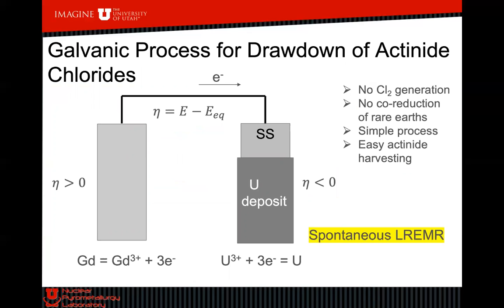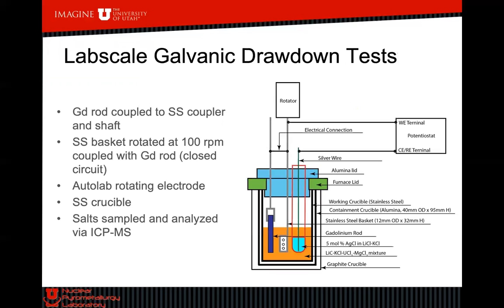We take the gadolinium and short it to a stainless steel rod. And the idea, based on these potentials, is the gadolinium will just spontaneously oxidize. It's like a battery. And the uranium will spontaneously reduce. And we'll be able to pull the uranium right out of the salt this way. That would be what we call spontaneous long-range electronically mediated reduction.